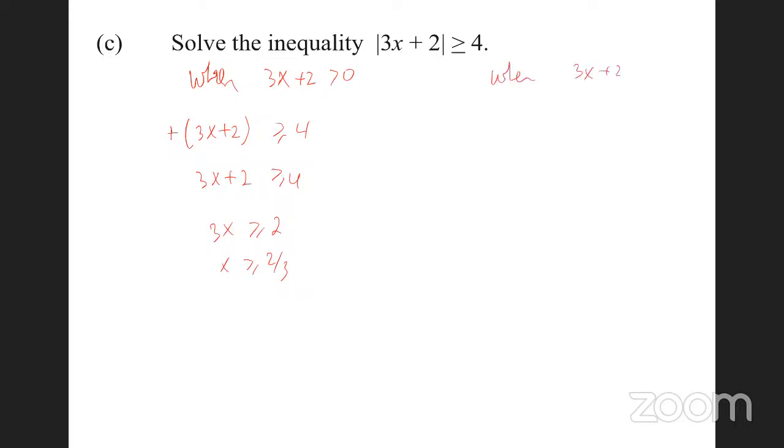When 3x plus 2 is less than 0, then we use the minus in front. Carry across the minus 2. You'll get positive 6. Now, when you divide everything by minus 3, the inequality sign will change. So you'll get x is less than minus 2, but x is more than 2/3.